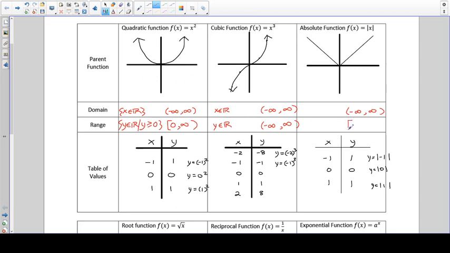So we're going to have square bracket 0 and positive infinity. So again, for the range, you can keep going up, which explains the infinity sign. And when you go down, you can only reach 0. Okay, so that's why a square bracket, because 0 is possible, but you cannot go further than that.